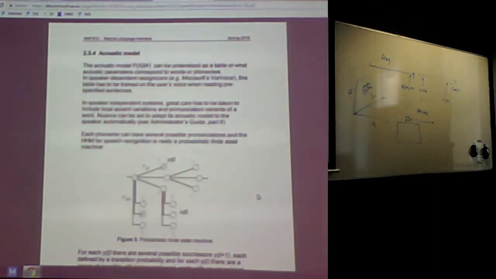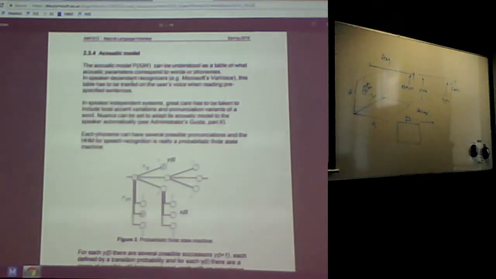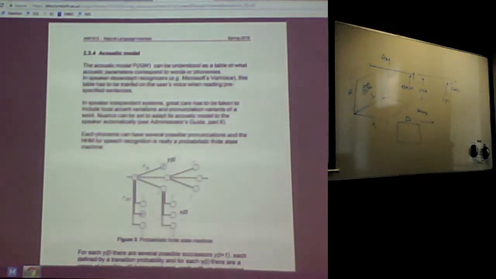This is boring. The acoustic model is about the chance that this sound is generated by this word. And you have problems like ways of speaking, basically. So you have a high probability of all these various accents contributing to different versions of the sound.